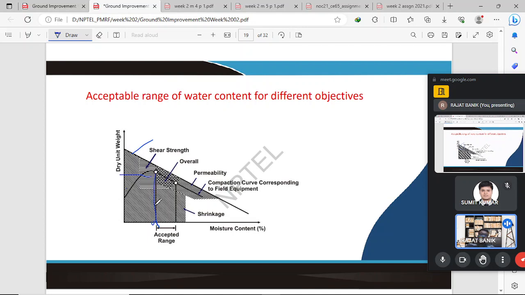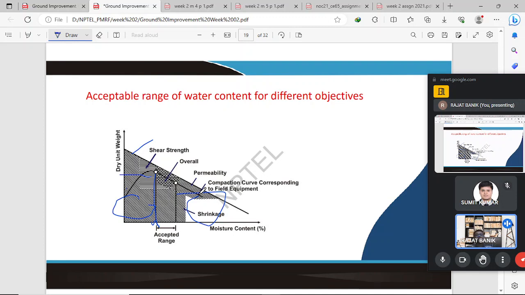The left side of the optimum moisture content we call the dry side, and the right side we call the wet side. The left side is suitable for shear strength, and the right side is suitable for permeability.